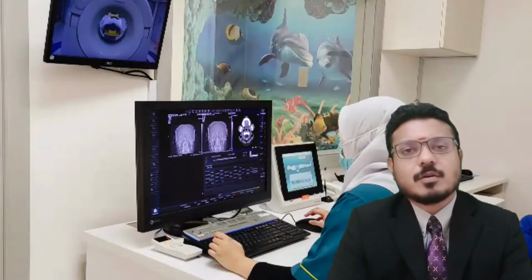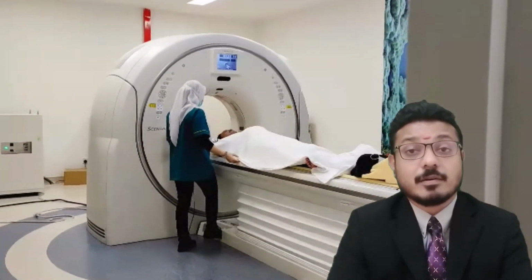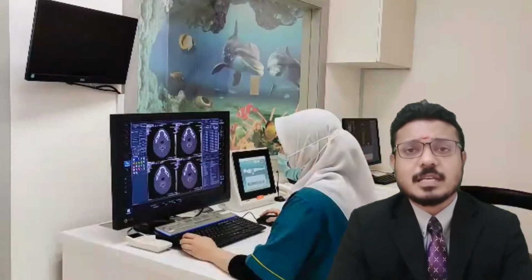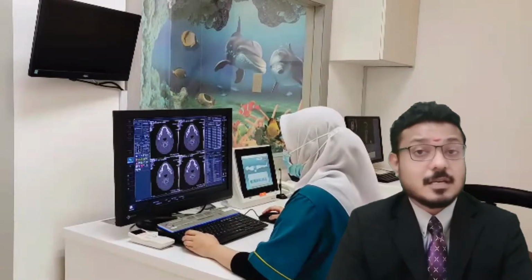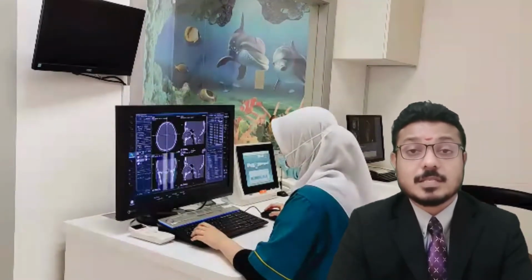They may also be combined to produce a 3D image of a particular area of the body.